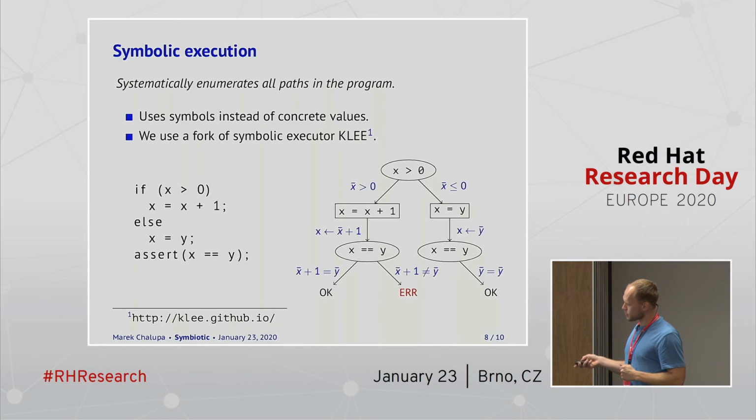This way, the symbolic executor is able to search the path space of the program, and if it runs into a path where there is an error, for example this one, where the input x plus 1 is not equal to the input y, it reports the error.